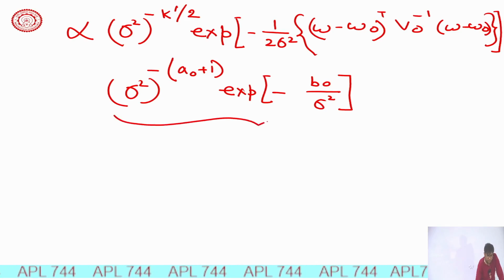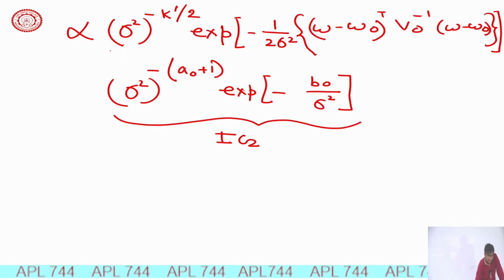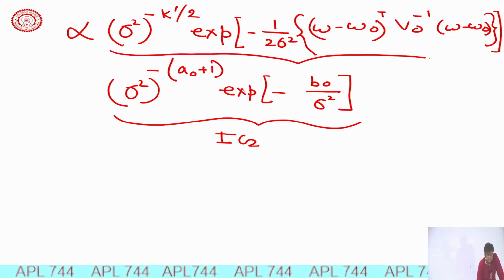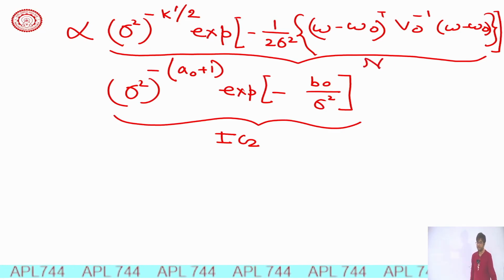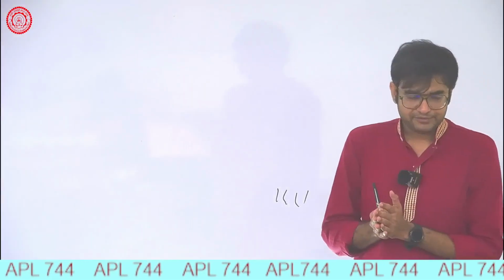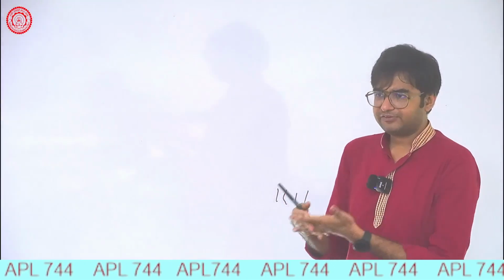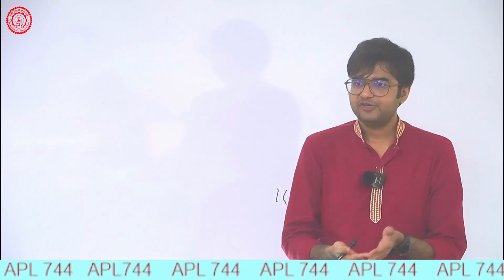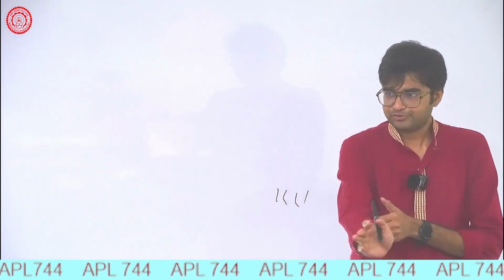So this corresponds to the inverse gamma and this corresponds to the Gaussian, and that's why the total thing is Gauss inverse gamma when you do the product. Okay, so now let us start computing the posterior, and that is where we stop.